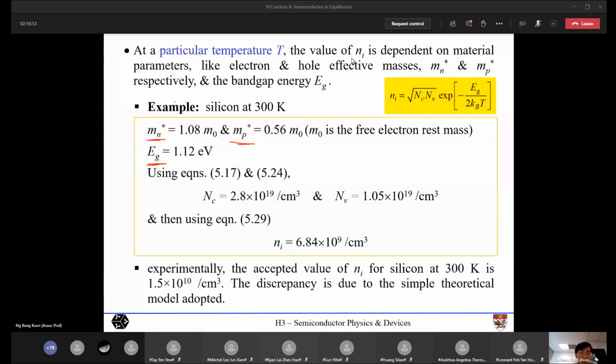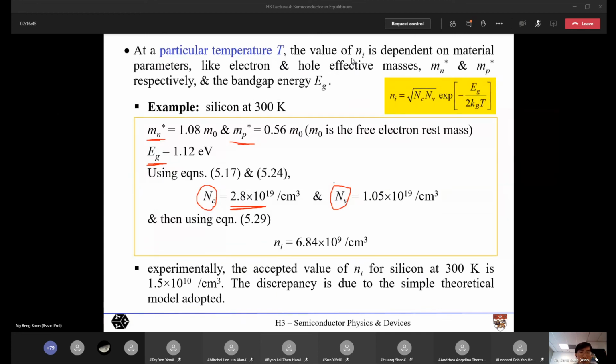The effective mass of electron in silicon is 1.08 of the rest mass. The effective mass of holes in silicon is 0.56 of the rest mass. And the band gap of silicon is 1.12 electron volt. Using the expression for effective density of states for conduction and valence band, which relates to several parameters including effective mass, you can calculate those values at the temperature of 300 Kelvin.